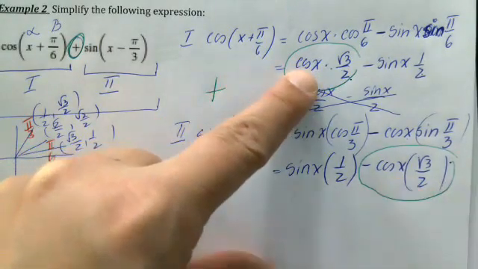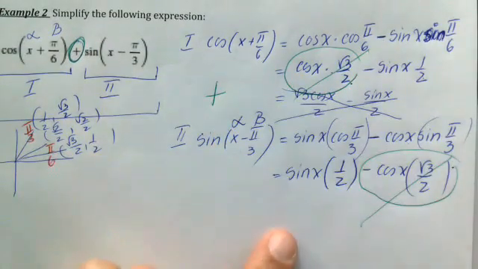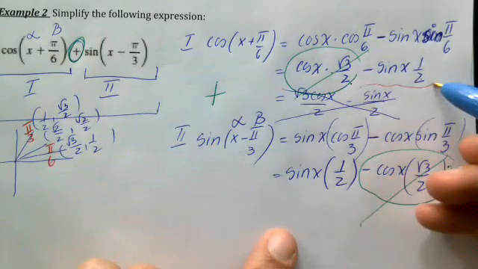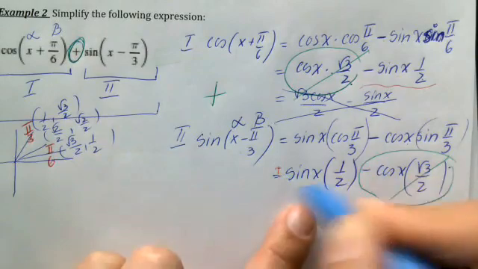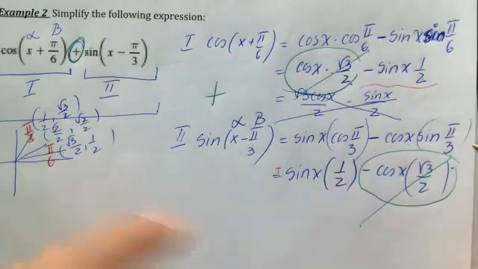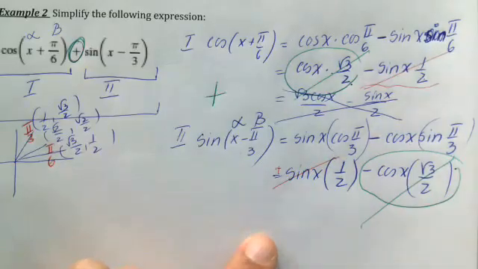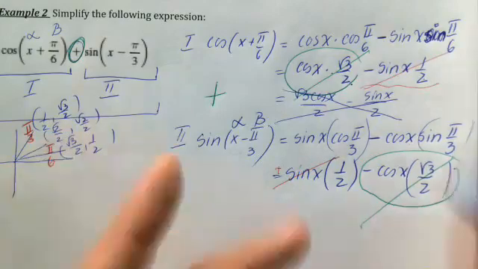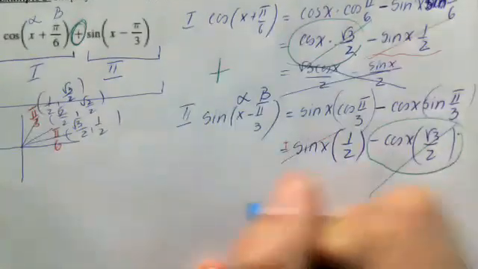They cancel out, so equals 0. And then you have a negative 1/2 sine of x, and here you have a positive 1/2 sine of x. Right? So they're opposite of each other, so these terms also cancel out. And then that means the whole thing, when you add them up, equals 0, right?